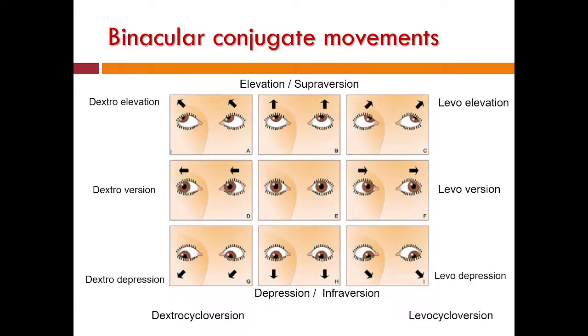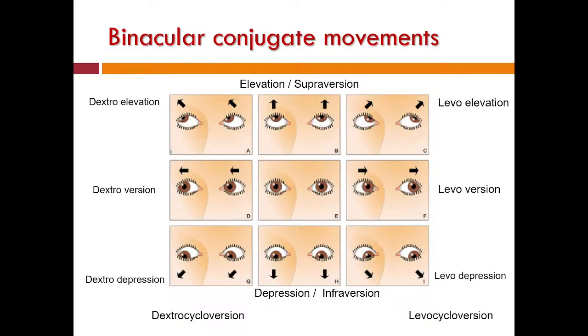We have to test these movements when a patient comes to us with diplopia, or is not able to move the eye in one direction. Then we test all the movements and find out which muscle is affected or paralyzed. So binocular conjugate movements are called versions, and they are tested in 9 directions with both eyes open.